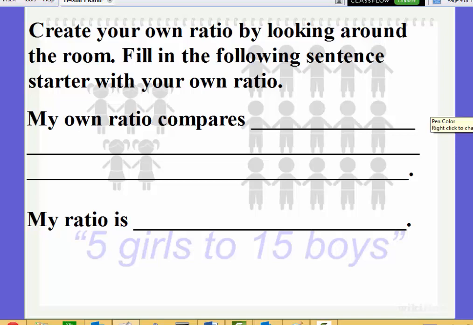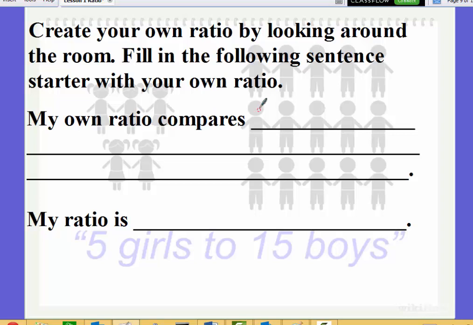You're going to create your own ratio by looking around the room. Fill in the following sentence starter with your own ratio. My own ratio compares what? So look around the classroom and think, what can you compare? Well, an easy one is, I'm just going to compare people who are wearing shoes to sandals.